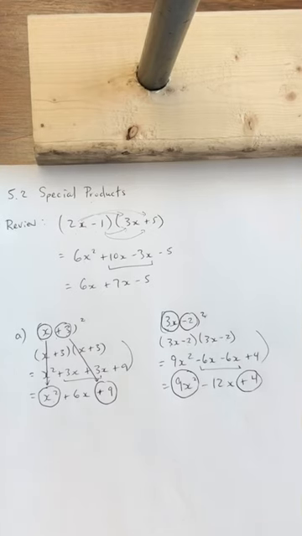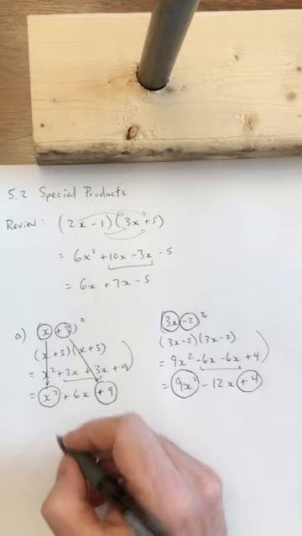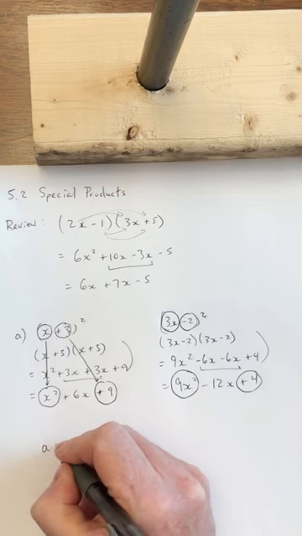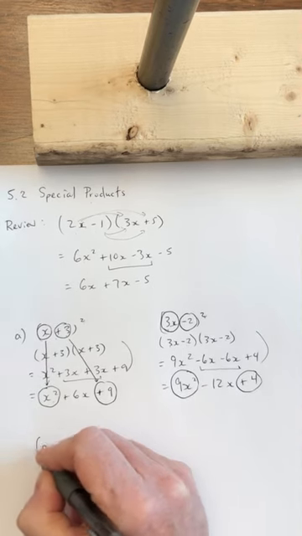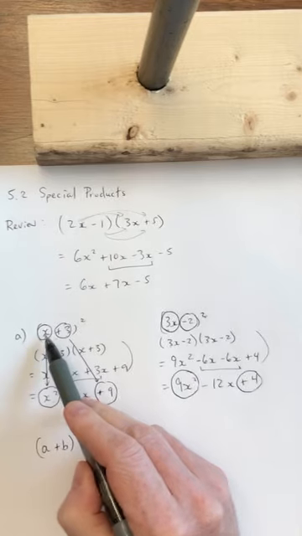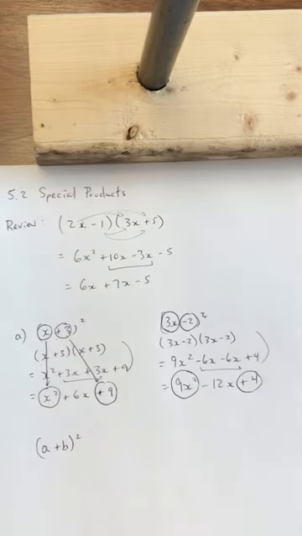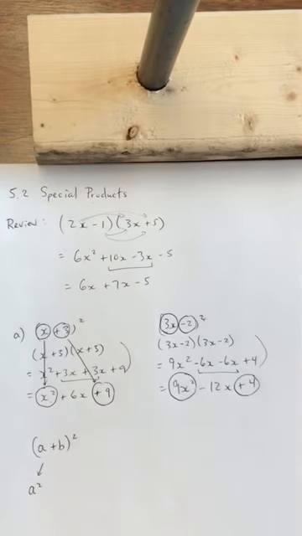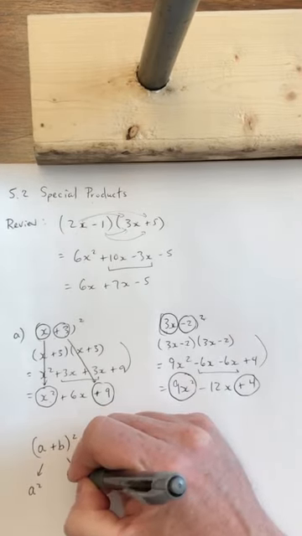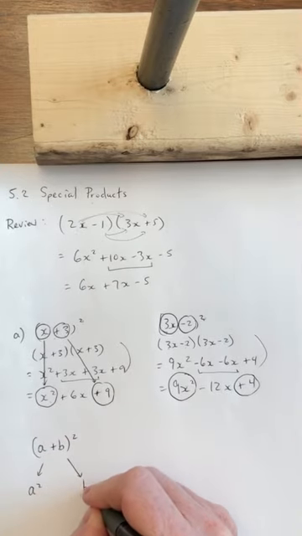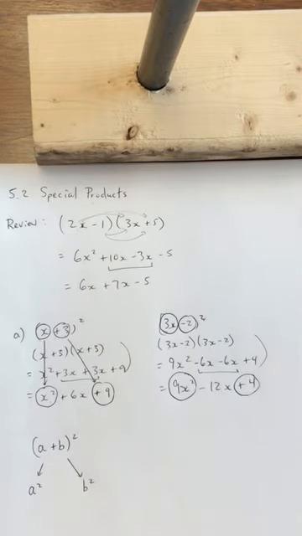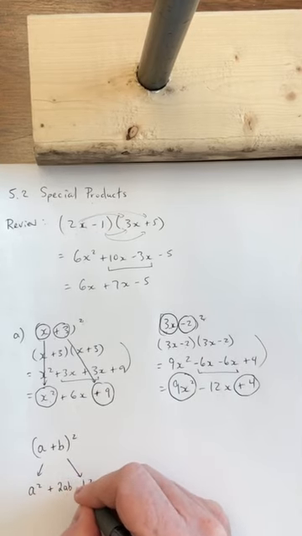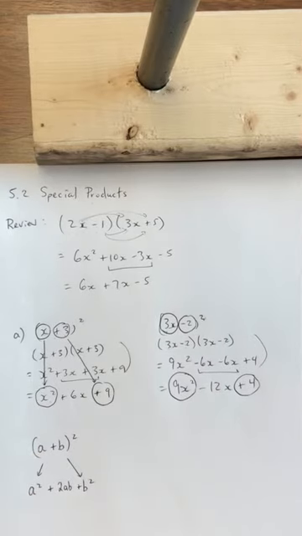And so, in this case here, I'm going to write the rule out like this because I think that's the way it's in your notes. So we have an a plus b squared situation. We are going to get an a squared as the first term of our answer, b squared as the third term, and in the middle, we're going to get this.